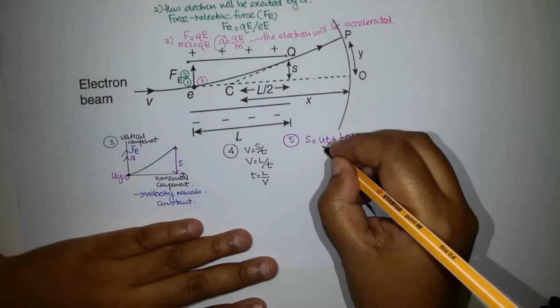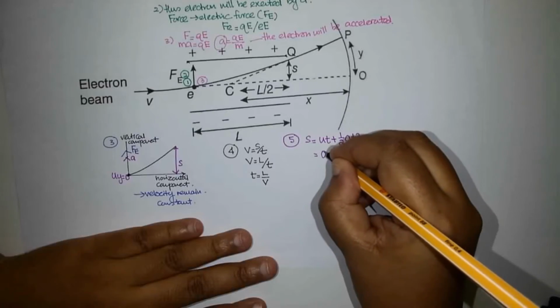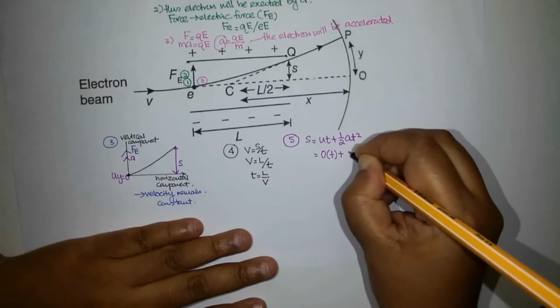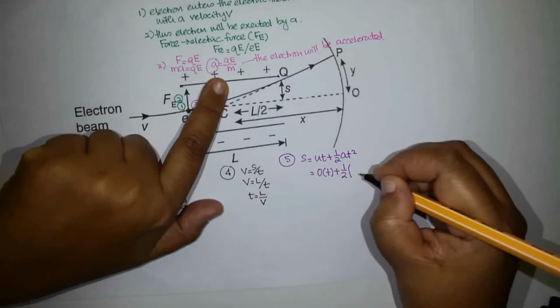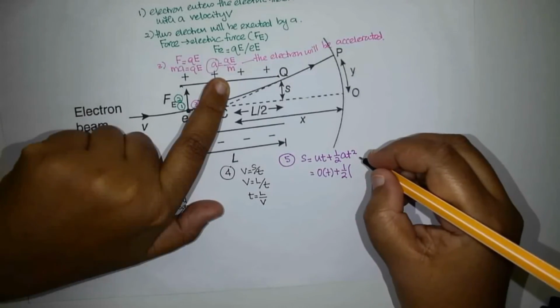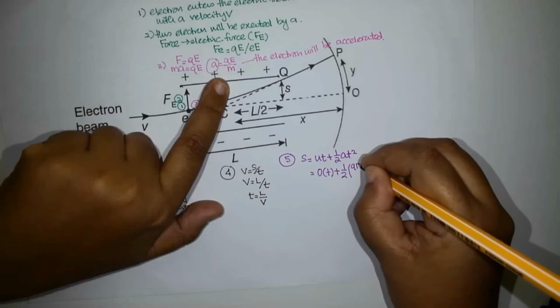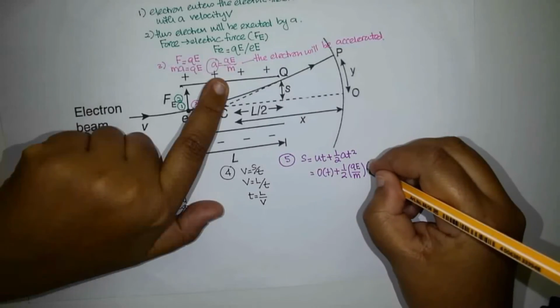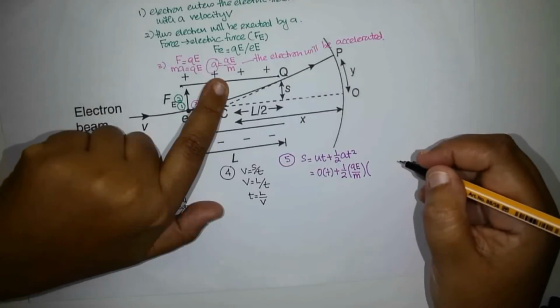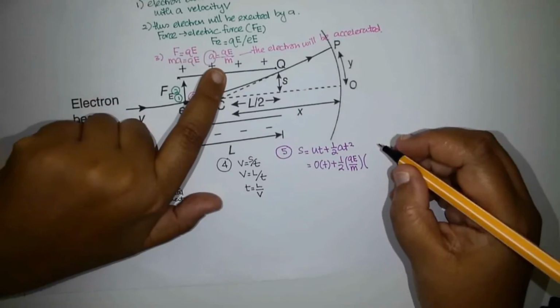So S equals UT plus half AT squared, where U is the initial velocity, which is 0, plus half A T squared. A I take from here, which is QE over M. You can also replace it with small e.